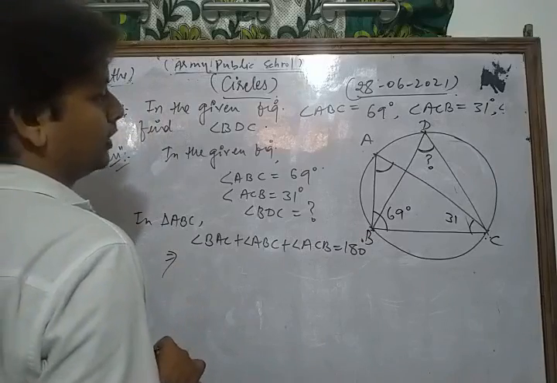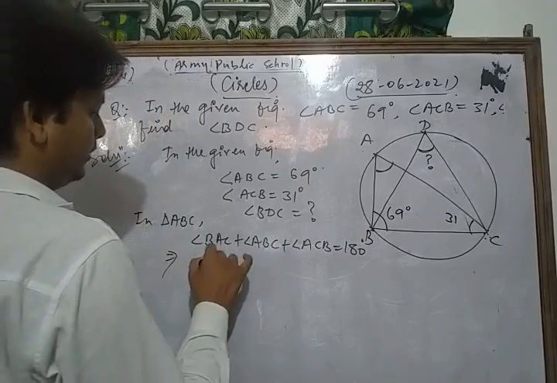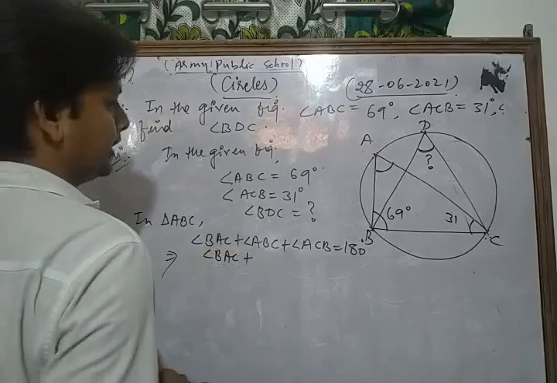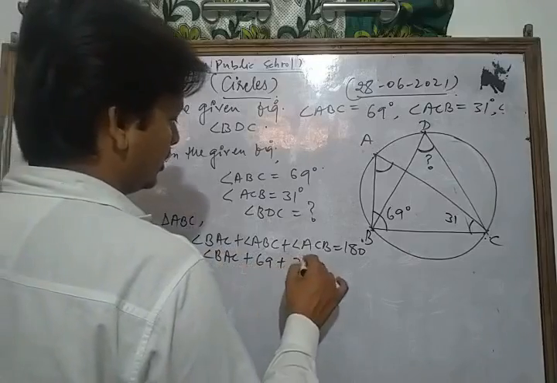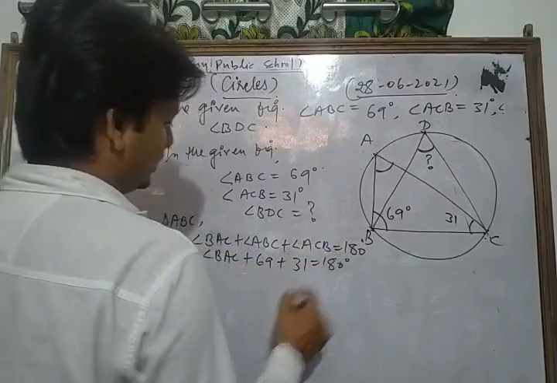So we find BAC, plus ABC 69, ACB 31 is equal to 180 degrees.